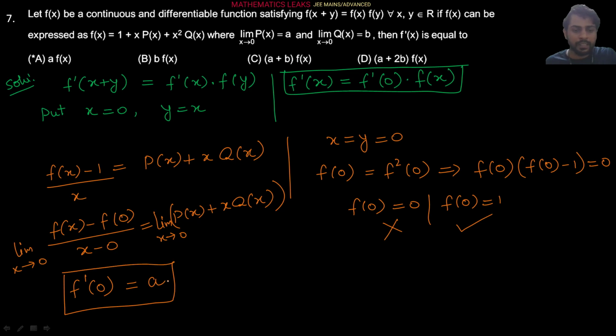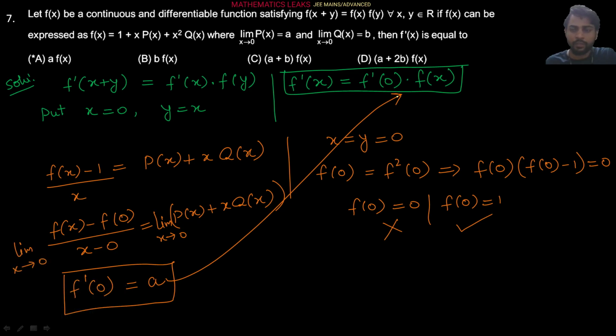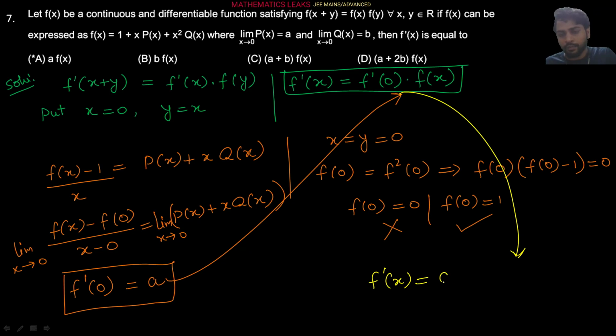By this we can put this in the equation. You can observe, f dash of x is equals to f dash of 0, which is nothing but A into f of x.